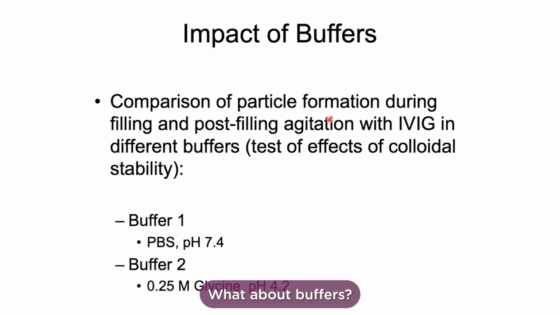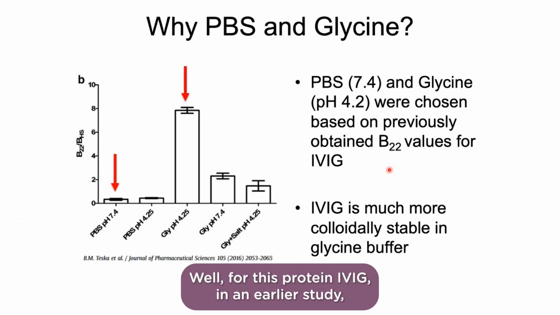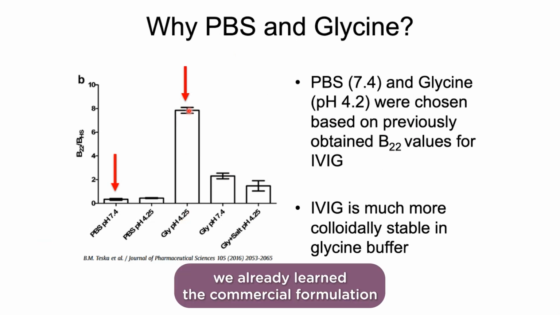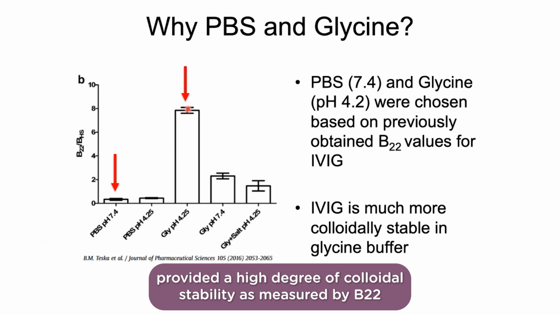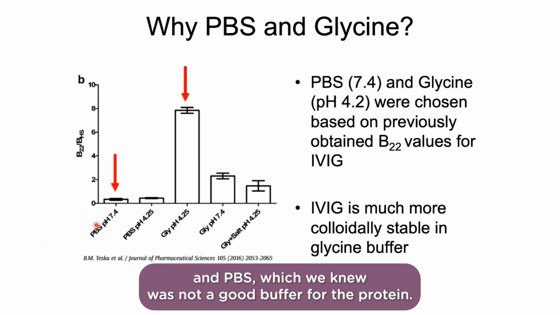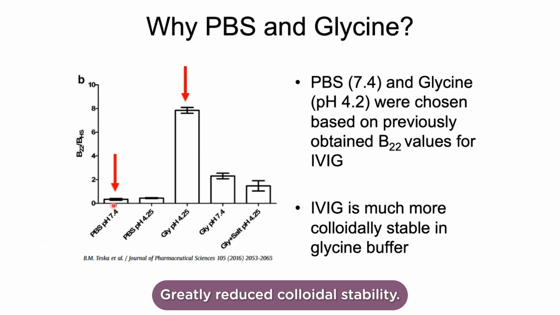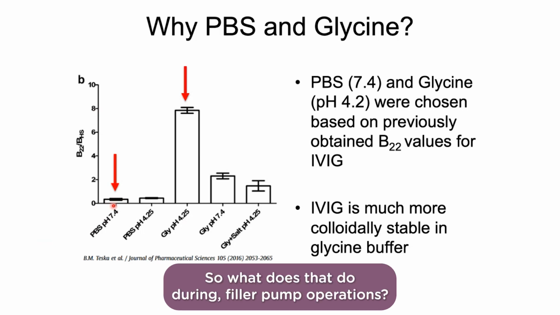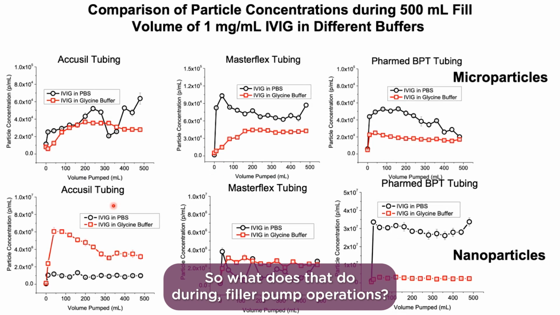What about buffers? Well, for this protein, IVIG, in an earlier study, we already learned the commercial formulation provided a high degree of colloidal stability as measured by B22. And PBS, which we knew was not a good buffer for the protein, greatly reduced colloidal stability. So what does that do during filler pump operations?